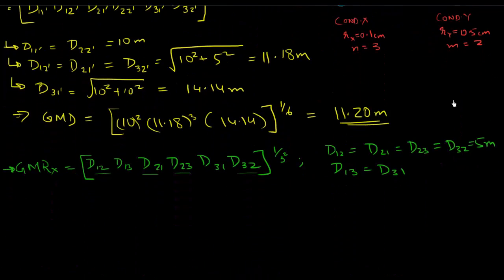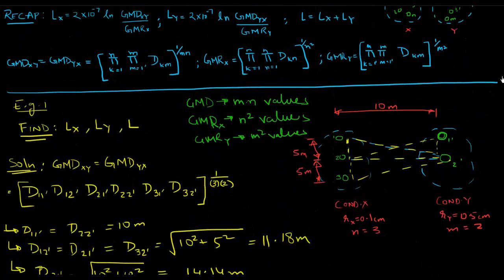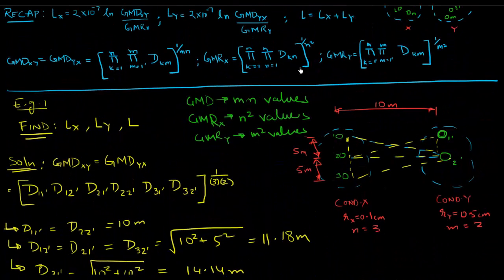So here if you come down here, we only have 6 values, whereas n square, 3 square is 9. So what are we missing here? You also need to remember GMR also, if you follow this formula, and that's why it's good to follow formulas. So if we had gone step by step, what's d1 of 1?